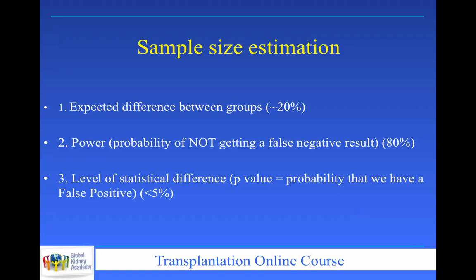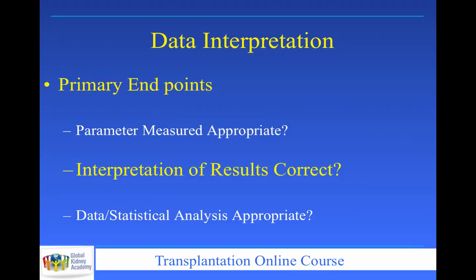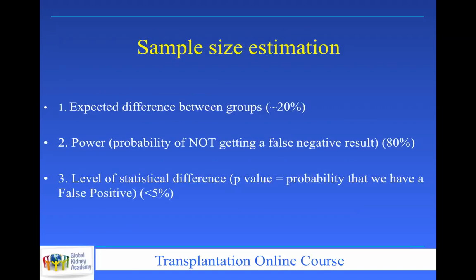And if you know the expected difference between the two groups that you hope to achieve in terms of your primary endpoint, and the variability between the groups and the duration of the study, you could come up with a sample size estimation that is most likely to avoid giving you a false negative and avoid giving you a false positive result.